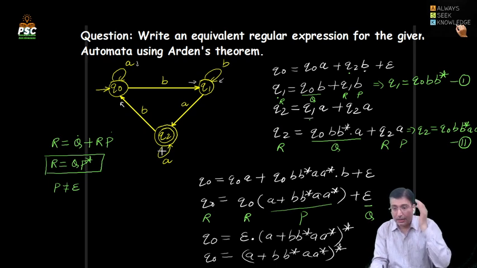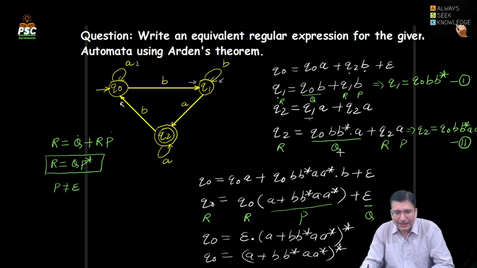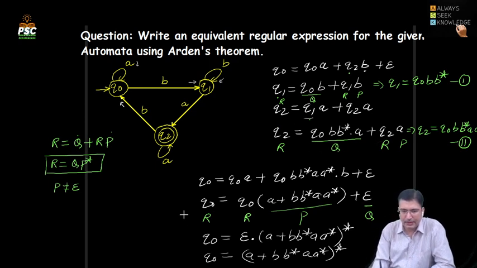Q2 has an equation in terms of Q0. So if I replace Q0 here, we will get a regular expression, and by applying Arden's theorem, we can get a final equation.